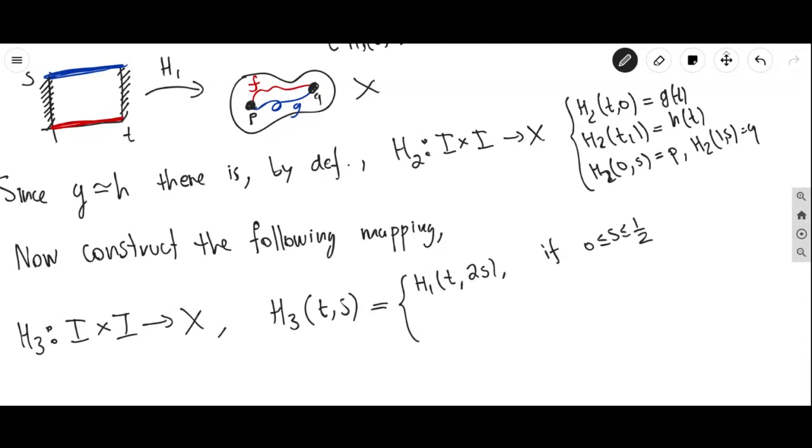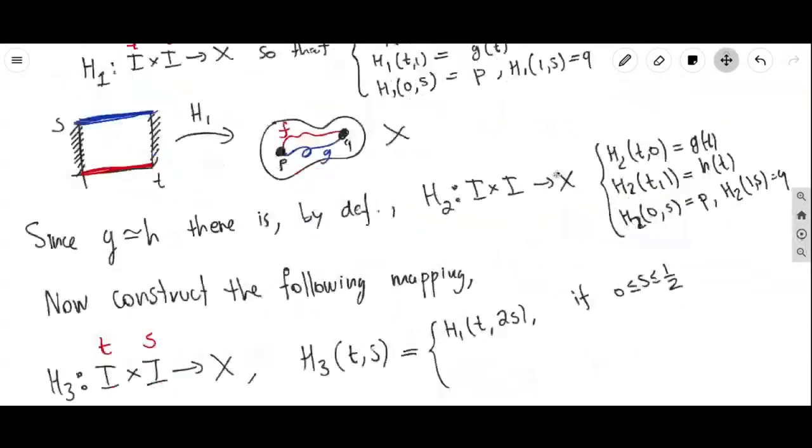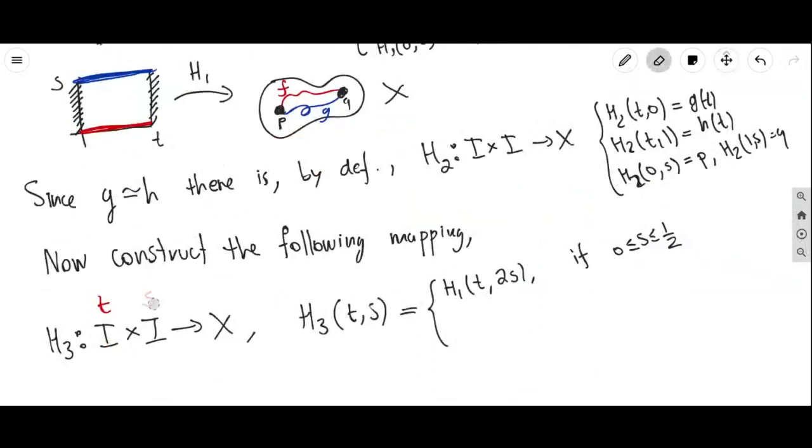Let me tell you the idea of what's happening. We have the time parameter and the interpolation parameter. The interpolation parameter is supposed to interpolate from 0 to 1. Now, we go from 0 to 1/2, halfway in. We have two homotopies, H1 and H2. So we make this interpolation parameter move twice as fast.